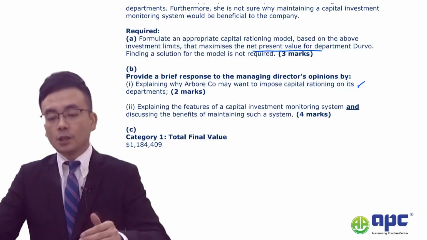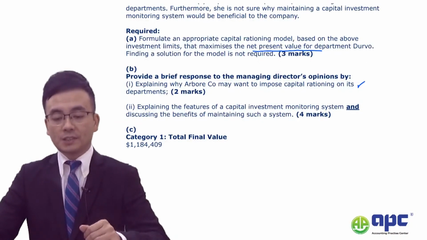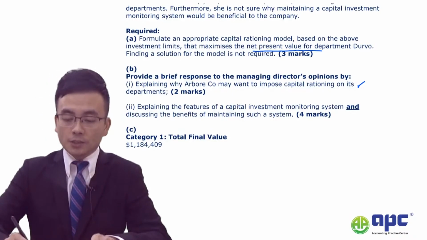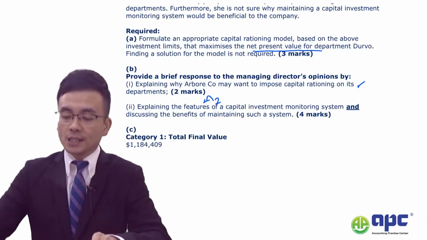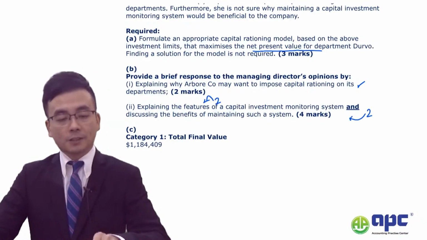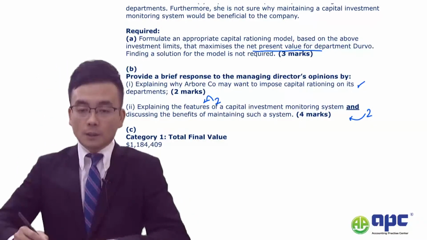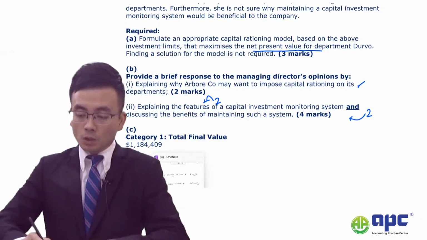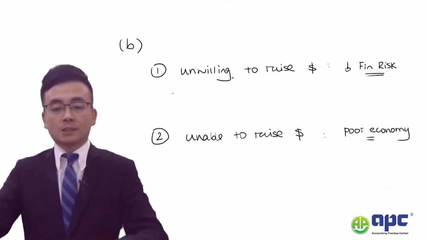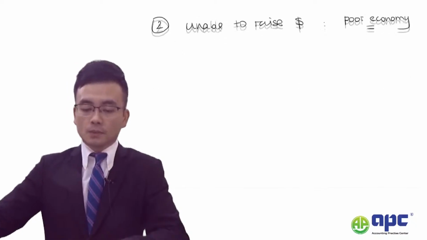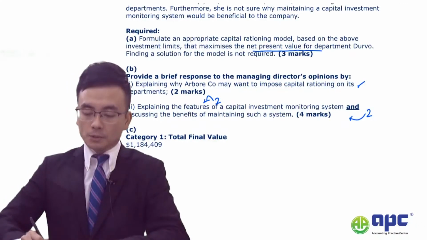Explain the features of the capital investment monitoring system and discuss a benefit. Because it's 4 marks, I would like to discuss 2 features and 2 benefits of such a system. Now, what I mean by monitoring system is that we've got a milestone, okay? So, part B, number 2 there.